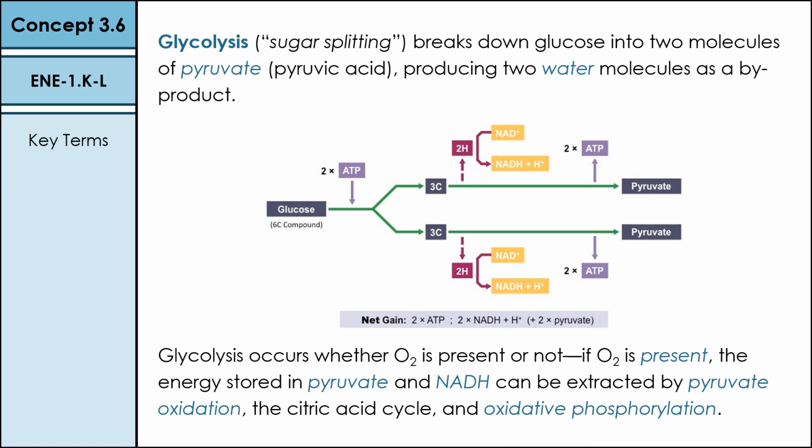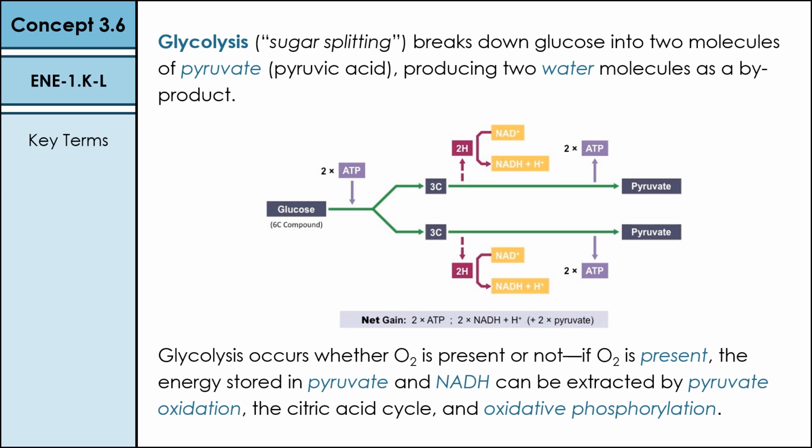Now, the thing to remember is that glycolysis is an anaerobic process, so it's going to take place whether we have oxygen gas or not. If oxygen is present, then we can take all of the products that we've produced in this process and send them over to pyruvic oxidation, the citric acid cycle, and eventually oxidative phosphorylation.